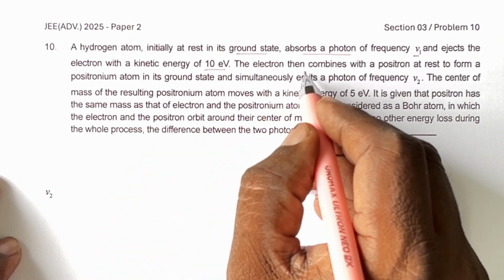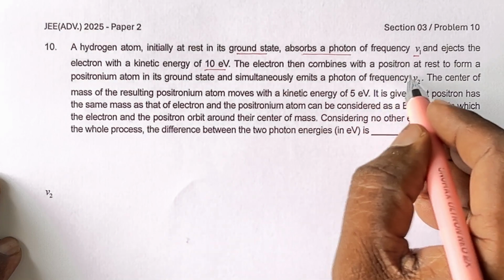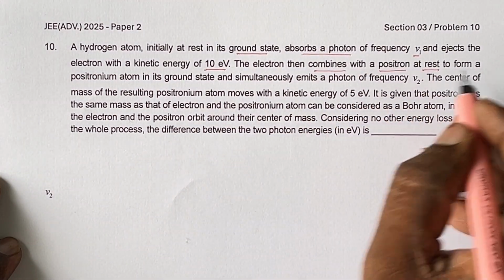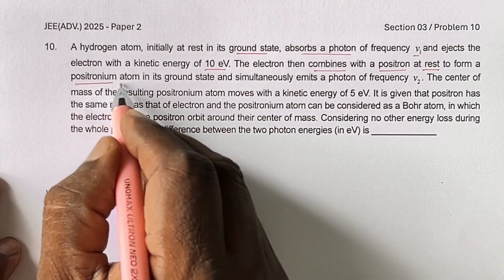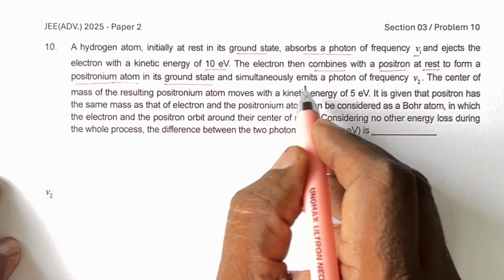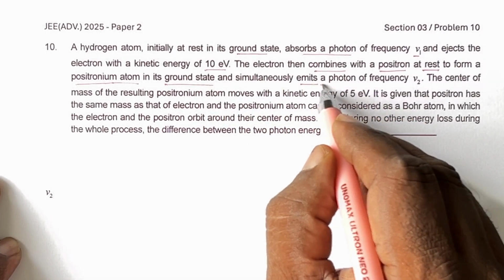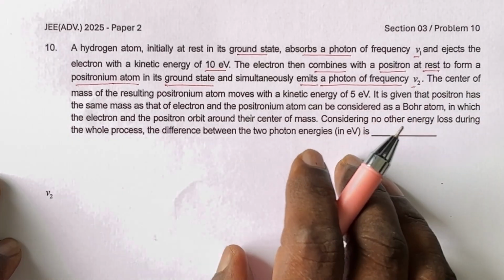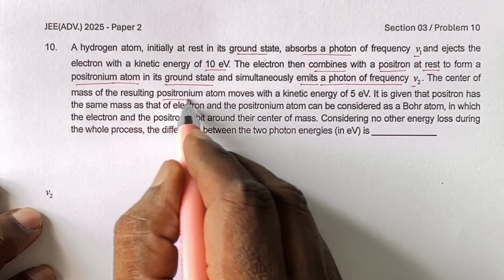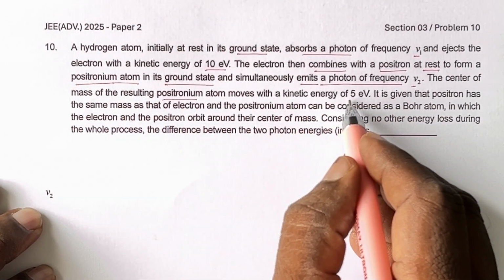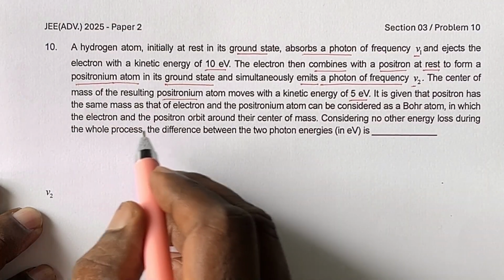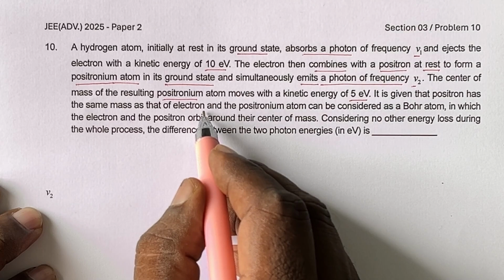The electron then combines with a positron at rest to form a positronium atom in its ground state and simultaneously emits a photon of frequency nu2. The center of mass of the resulting positronium atom moves with a kinetic energy of 5 electron volts. It is given that the positron has the same mass as that of the electron.